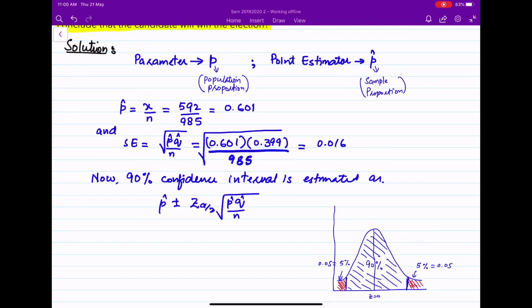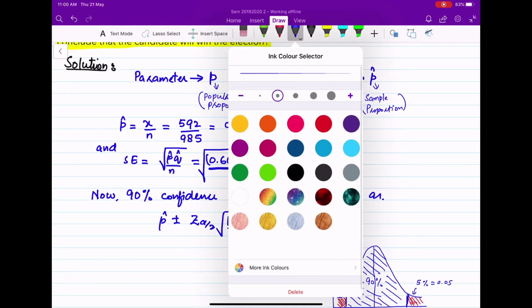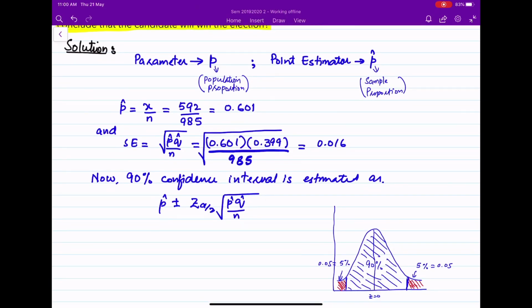Therefore we can write our 90% confidence interval as p hat plus minus z of 0.05 times SE, which is 0.016. Now we can calculate the value of z for 0.05 area. You can use your calculator or make use of the tables that are given.